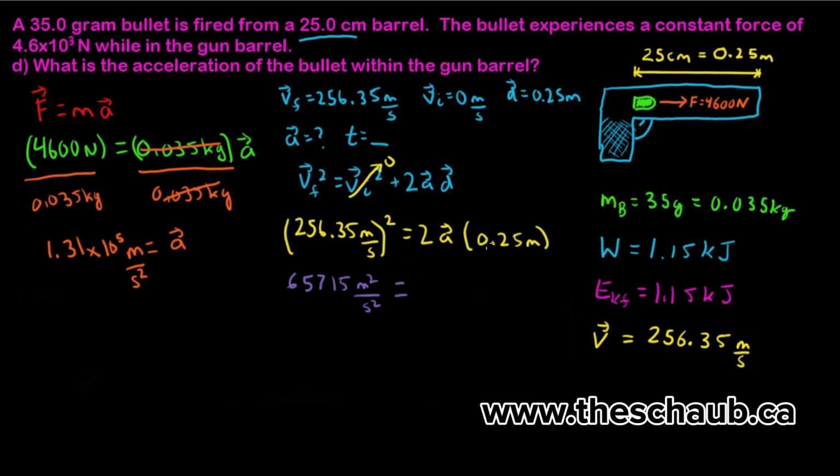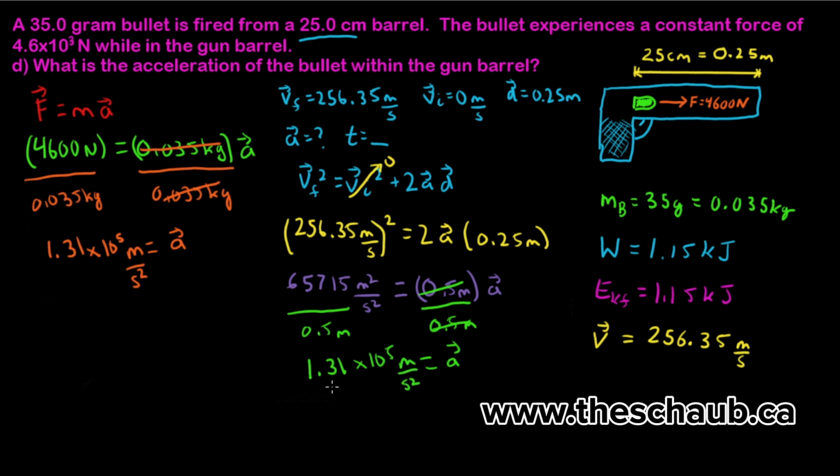And this is equal to 2 times 0.25, which is 0.5 meters multiplied by the acceleration. Since our acceleration is multiplied by 0.5, to get our acceleration all alone, we divide both sides by 0.5 meters. So 0.5 meters divided by 0.5 meters is 1, leaving us with our acceleration. And 65,715 divided by 0.5 confirms our answer from before. It's 1.31 times 10 to the 5 meters per second squared.